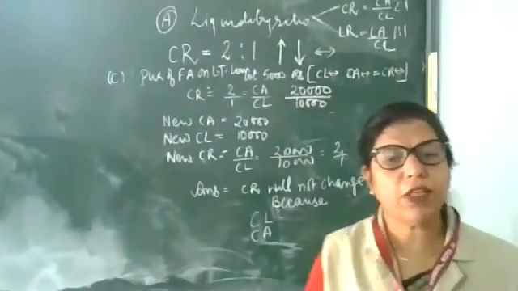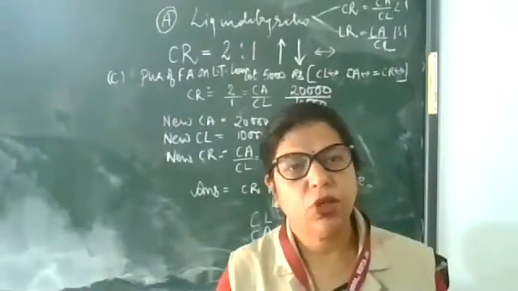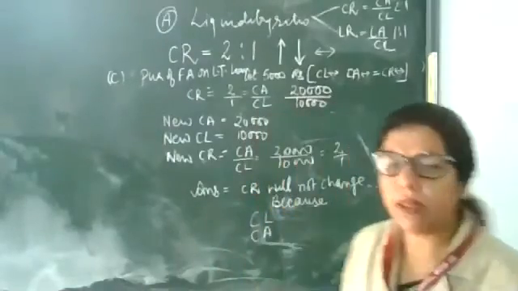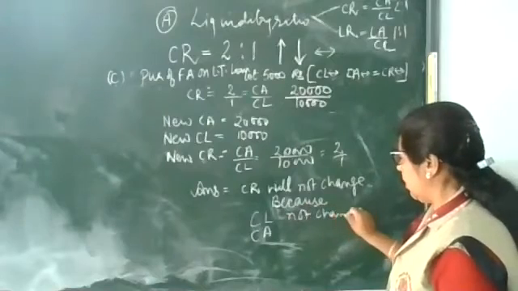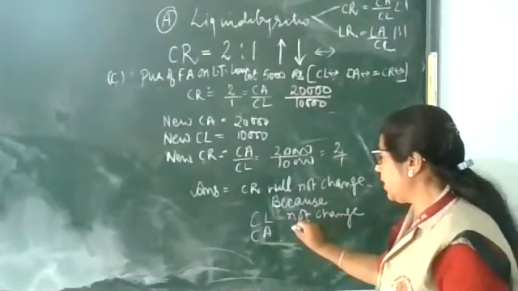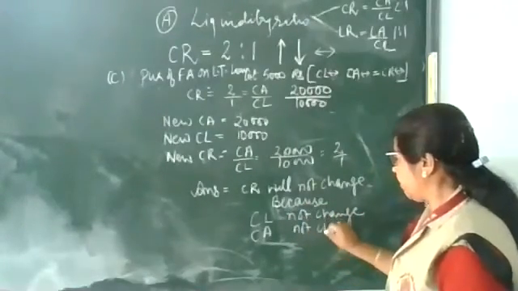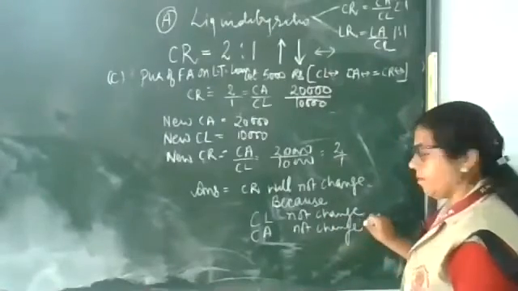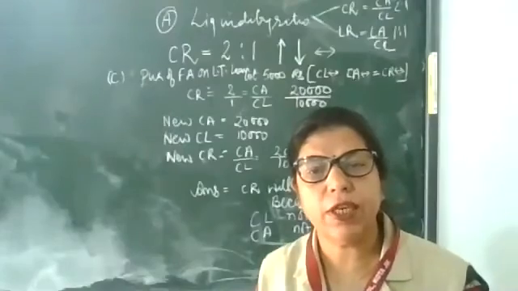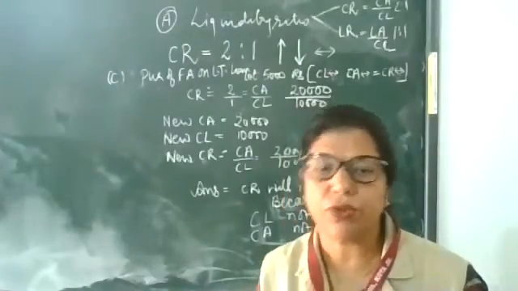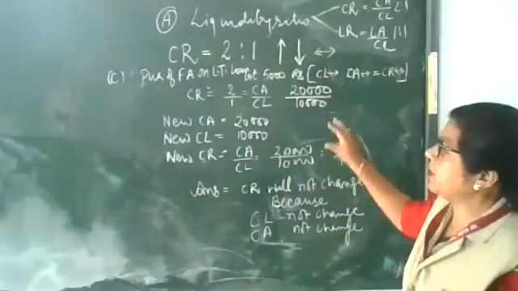Now, why will CR not change? Because CA and CL are not changing. So when CA and CL are not changing, we can say current ratio will also not change. So this is the example.